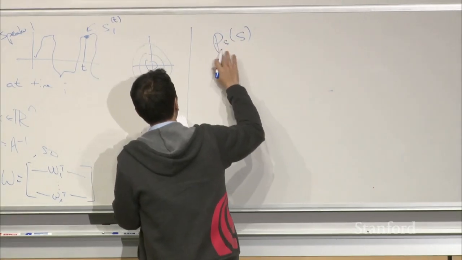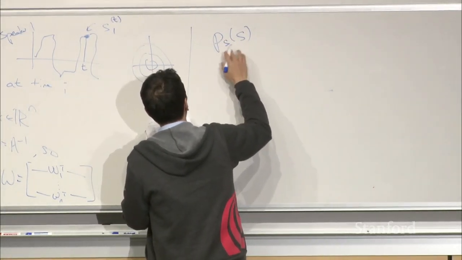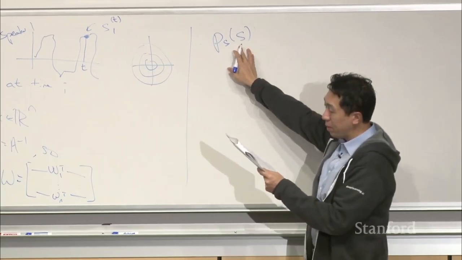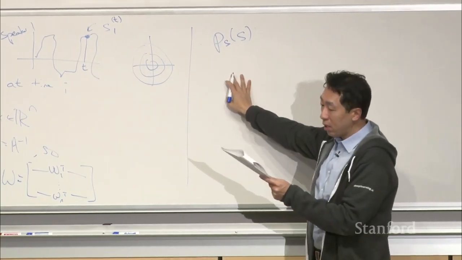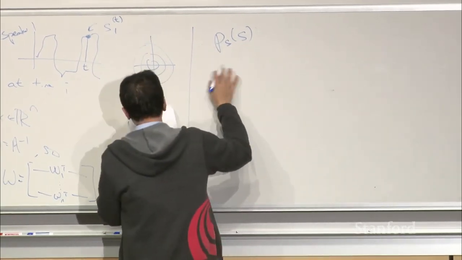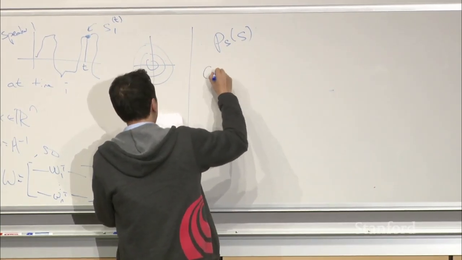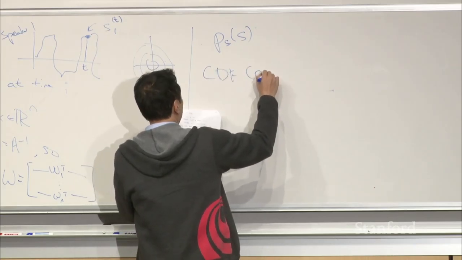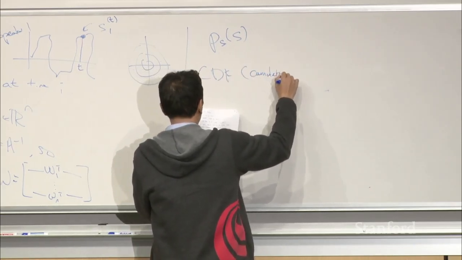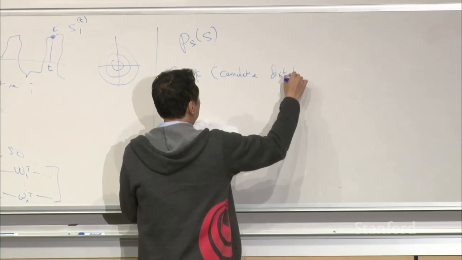And I'm going to use P subscript S, of the random variable S to represent the density of S. An equivalent way to represent the probability of the density of continuous random variables is via a CDF, which stands for cumulative distribution functions.